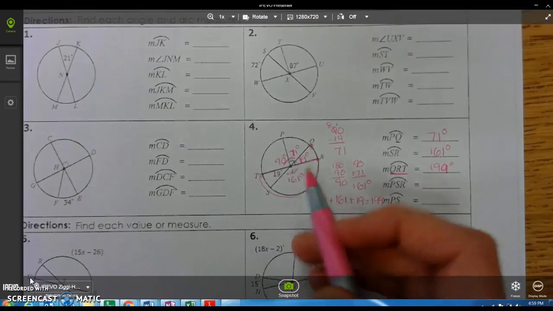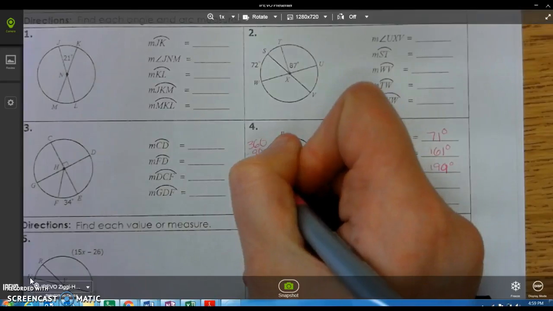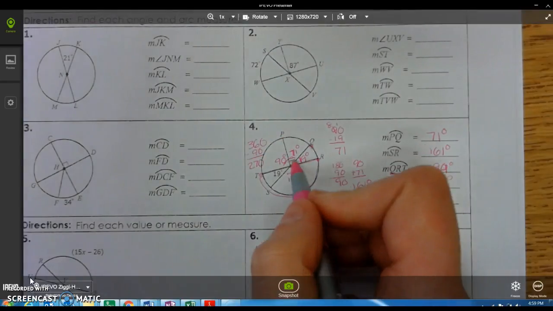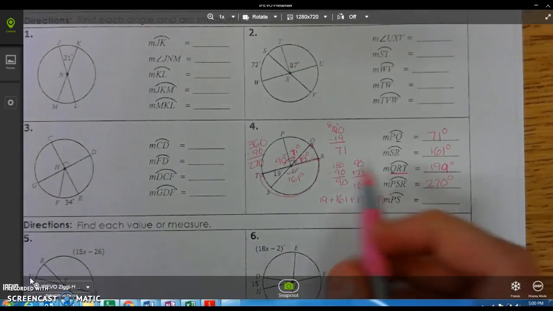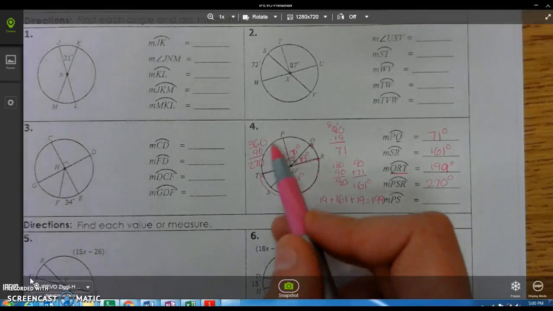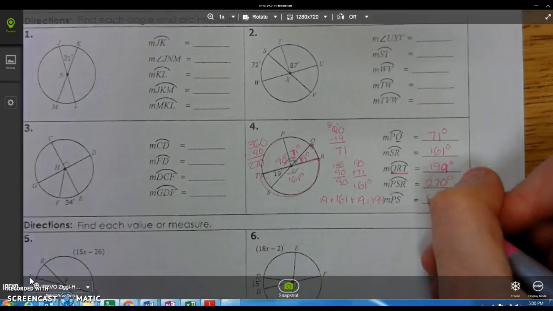So instead of adding them all together, I can just do 360 minus 90, right? Because it was everything except for that. And then we got PS. P to S. Still two put together, right? 90 plus 19 is 109.